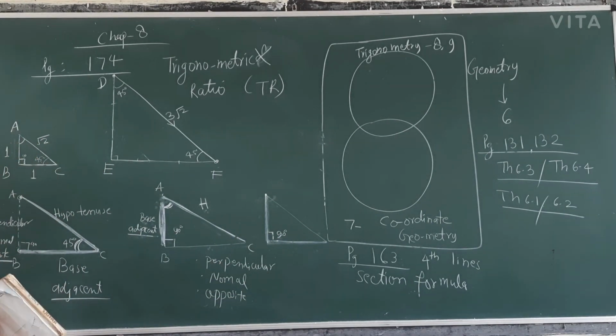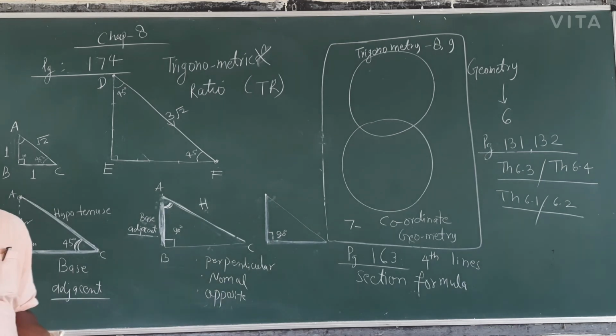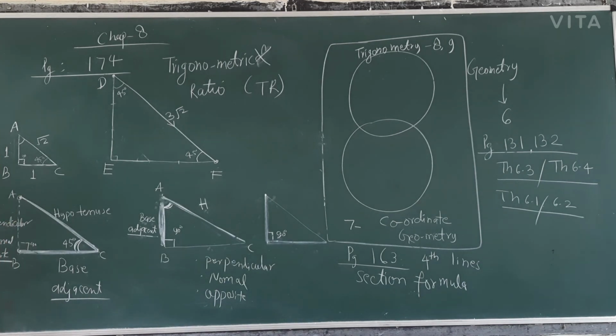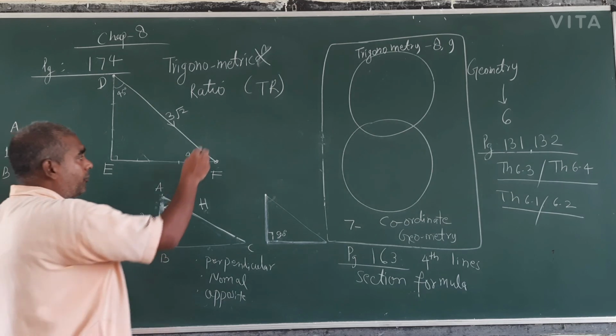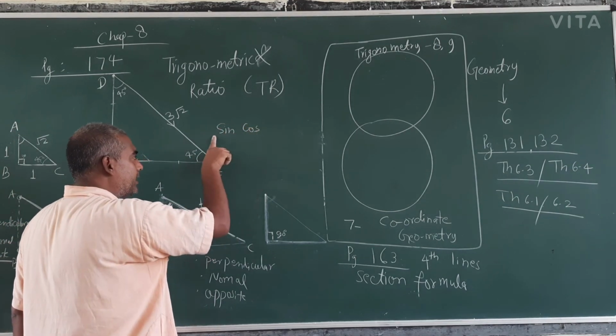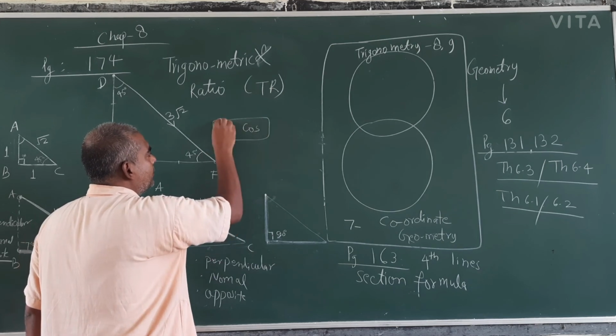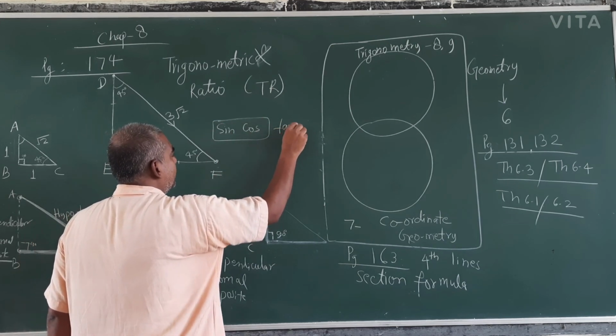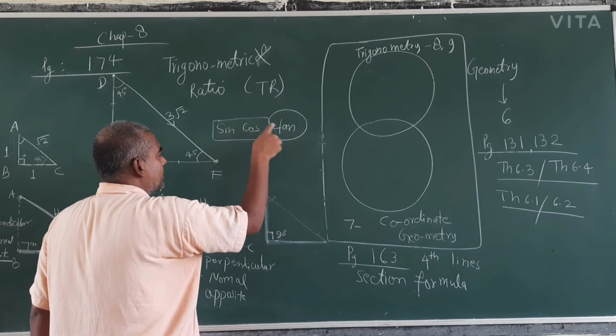Okay, the final question that remains: page number 175, why the 6 ratios? The ultimate ratios we have are 3, sine, cos, and ultimate is 2. With the help of these two we get the third one, sine, cos and tan.